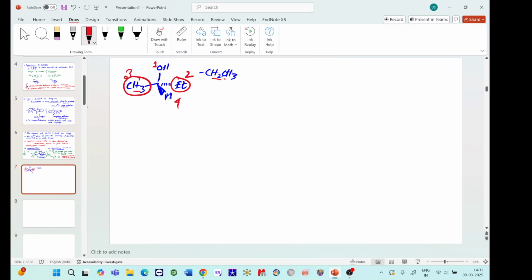Now you check the relation between 1, 2 and 3. They are rotating clockwise, so it should be R, right? But no, this is wrong, it will be S. Why? Because your hydrogen is on the top, not on the downside. So you should look from the opposite side. Then 1, 2 and 3 will actually be anti-clockwise, and S will be the right answer. So you can remember it this way.